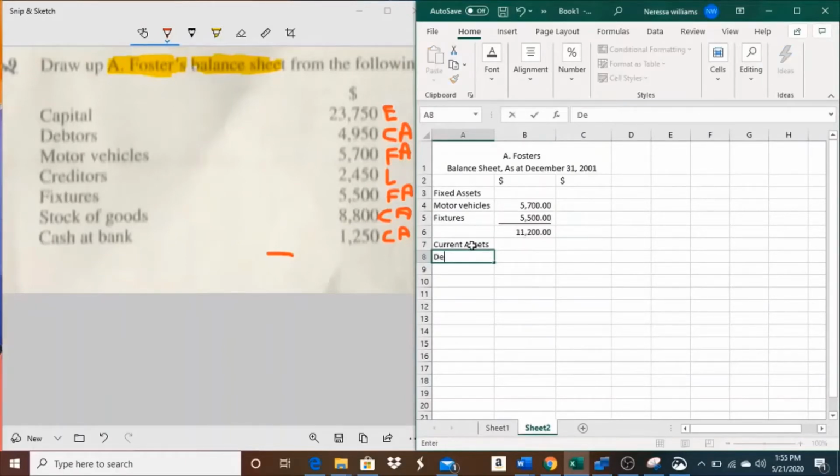Current assets, we have the debtors, stock of goods, and the cash at bank.